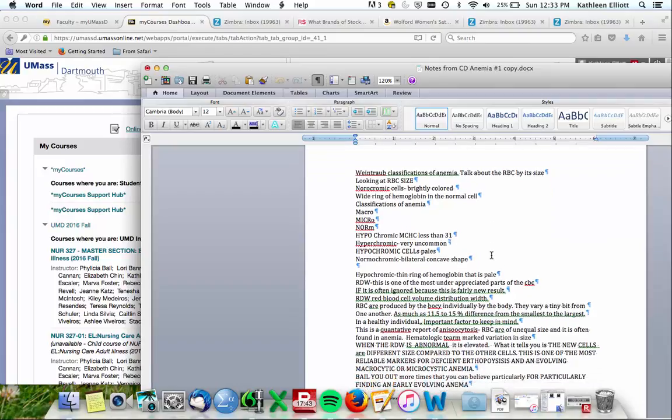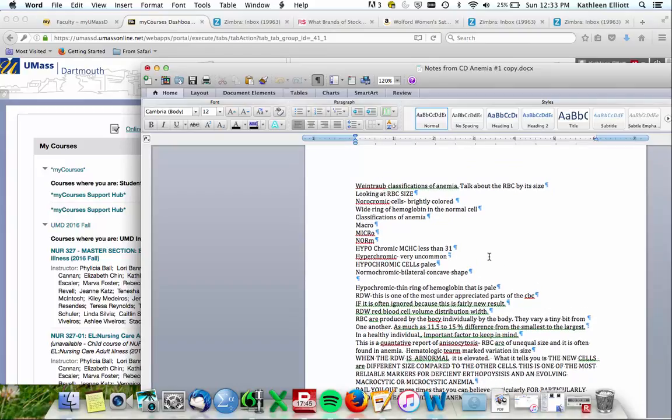Wintrobe classification of anemia: we're going to talk about RBCs by their size and how to diagnose normocytic, microcytic, or macrocytic. That basically is looking at the red blood cell size. Also, we're going to look at the color, normochromic, chromic meaning color.